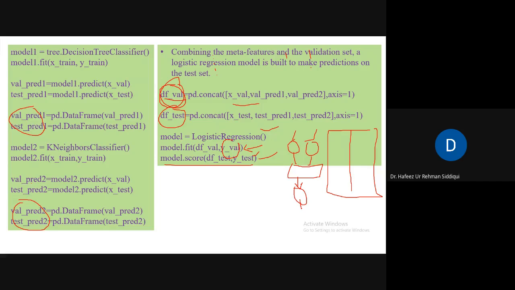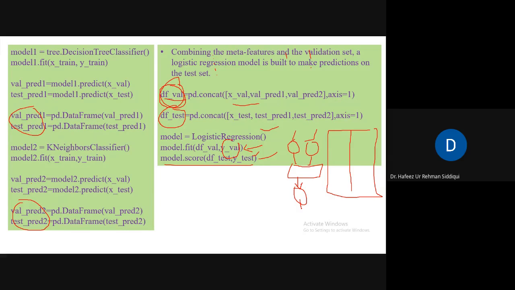So we are investigating ensemble techniques where more than one model can be applied, and those models can be applied in different ways. There are two major types, simple and complex.